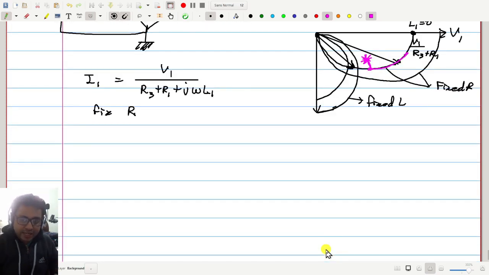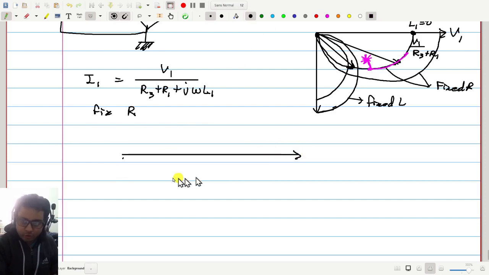But now let me see this picture in more detail by zooming in near this I star. Okay, let us zoom in. This is the voltage axis, and let me zoom in near this point I star. Near this point we have these lines.